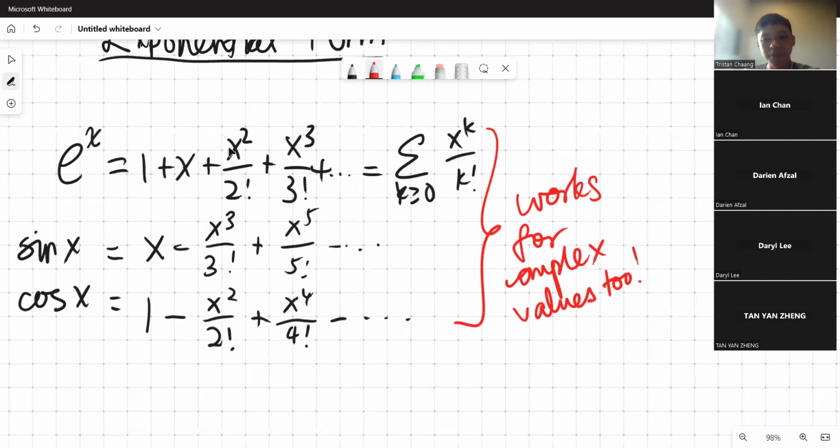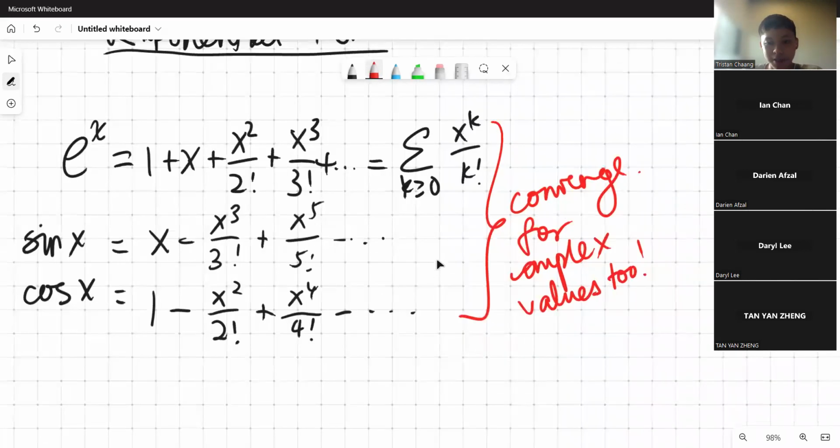That basically means if you plug in a complex number into any of these, they all converge. In fact, it's not hard to prove as well, but it's quite technical. You have to bound the size and then do a ratio test. But the point is that they all converge for complex numbers too.